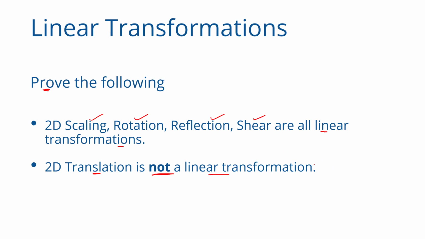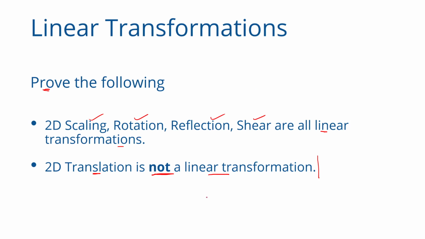I want you to prove these two things, and that should tell you why translation is different. Translation is not a linear transformation, and that is why we are unable to represent it as a 2 cross 2 matrix.